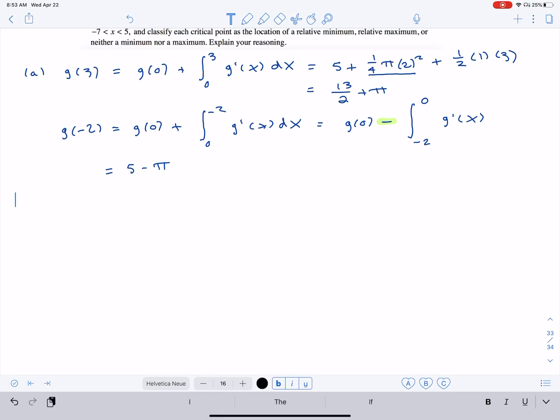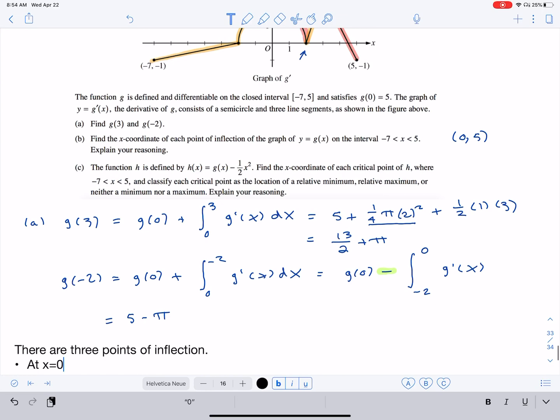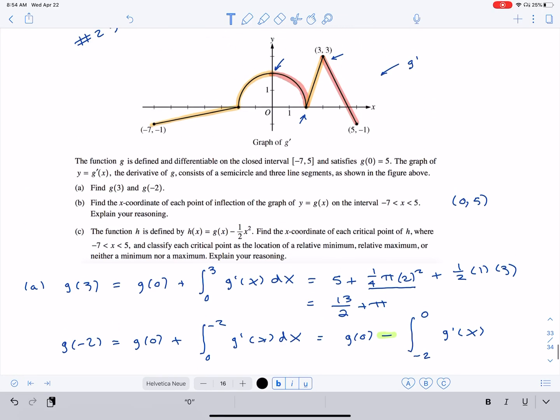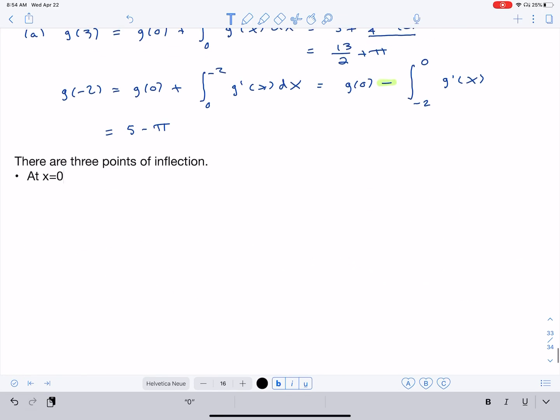So there are 3 points of inflection. To keep things short, I'm going to talk about x equals 0 and x equals 3 because both of those change from increasing to decreasing, and then I'll talk about x equals 2.